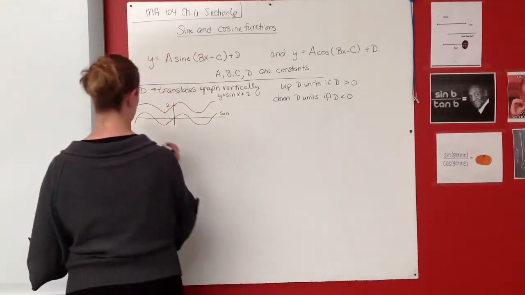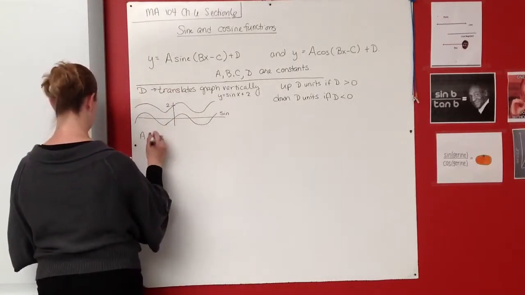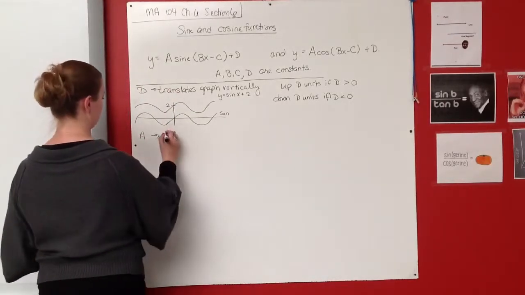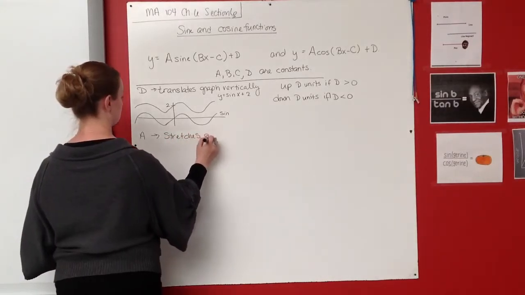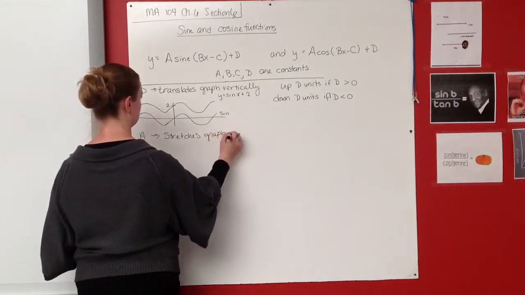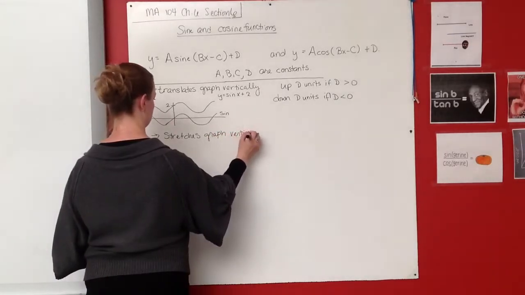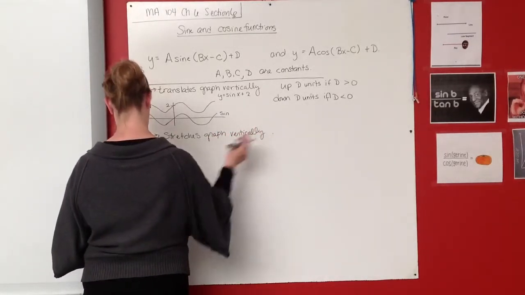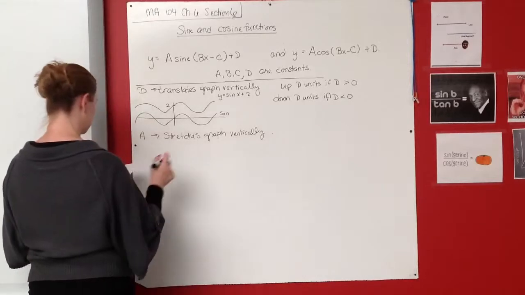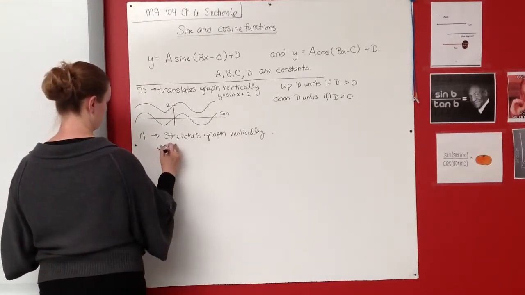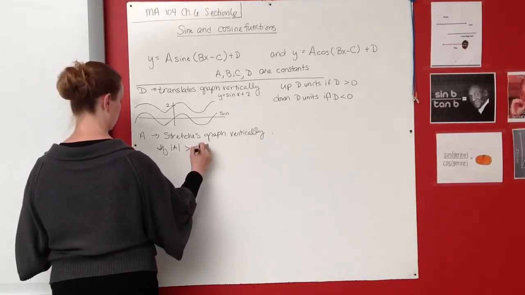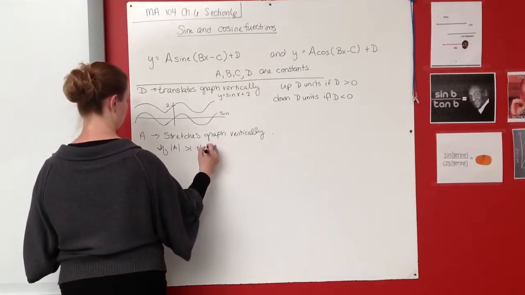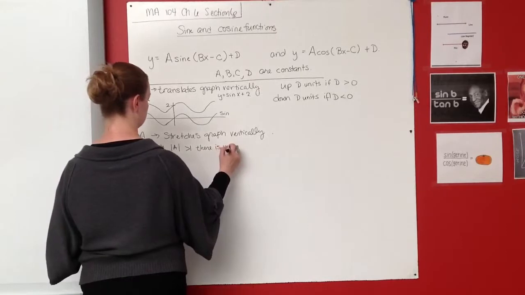The constant a stretches the graph vertically. So the idea here is, if the absolute value of a is greater than 1, there is a vertical stretching.